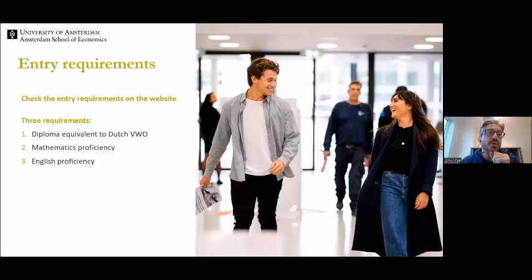We do expect some mathematics proficiency and some English proficiency as well. So you will be asked to document your mathematics and English proficiency when you apply. And as long as you are at the right level, then you are admitted to the program.